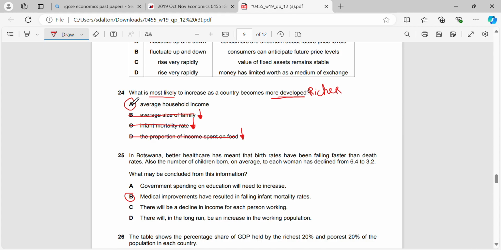Whereas average household income, that is likely to go up, and that's kind of linked to point D as well, right? So as we start to get richer, our income will increase, and that will allow us to spend a smaller proportion of income on things like necessities and a larger percentage of income on luxury goods.